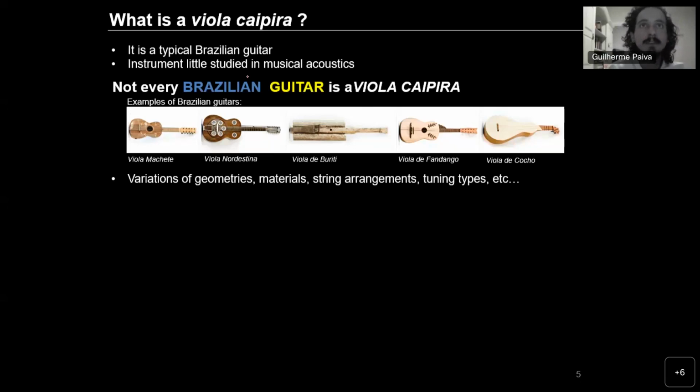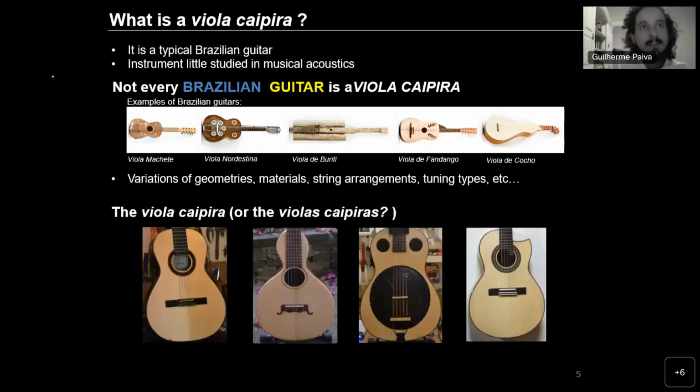As you can see here, we have 5 examples of different Brazilian guitars. Even if we consider only the viola caipira, we can find a lot of differences. It's a diversified instrument, so you can find different configurations.